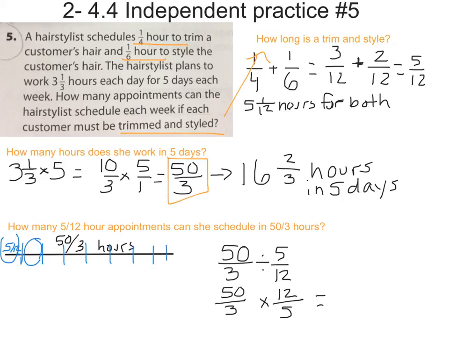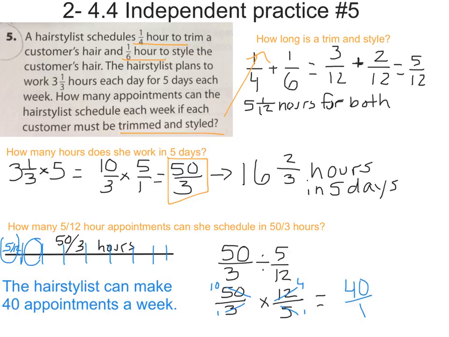Now we can simplify by knowing how many times 5 and 50 and 3 and 12 go into each other. Now simplifying, we see that it is 10 times 4, which is equal to 40, over 1 times 1, which equals 1, which means the hairstylist can make 40 appointments a week.